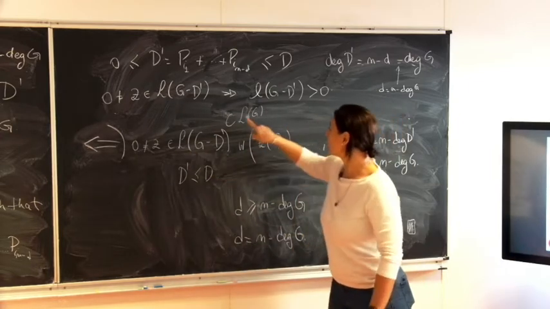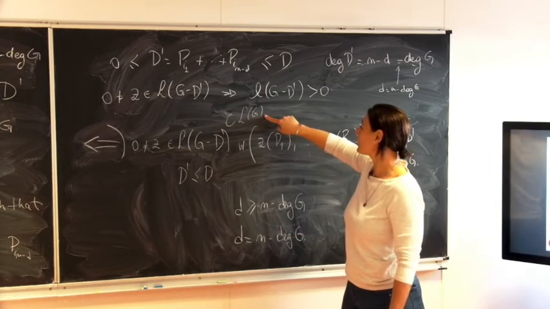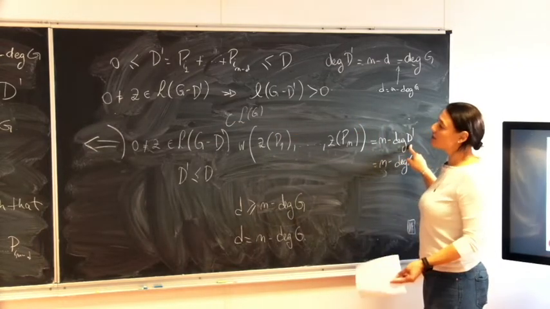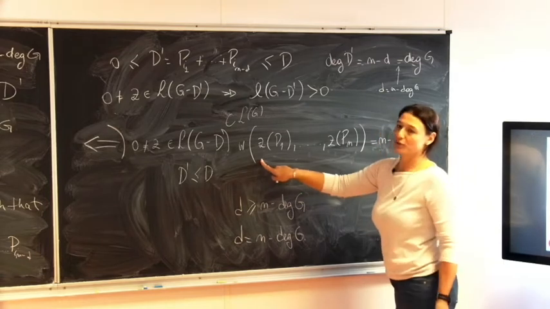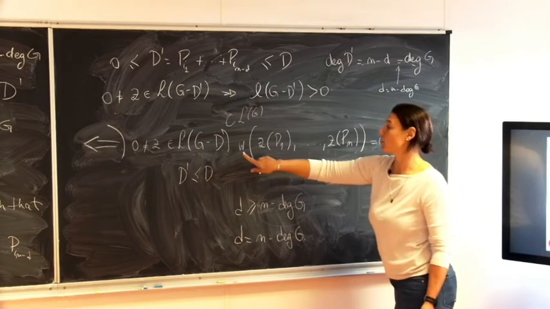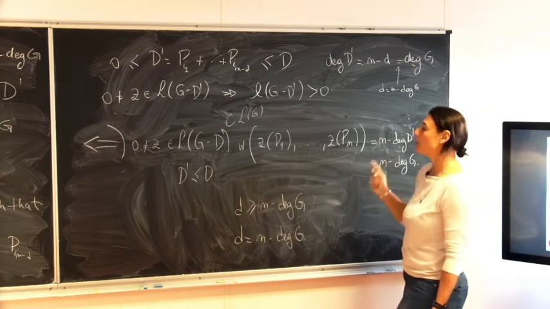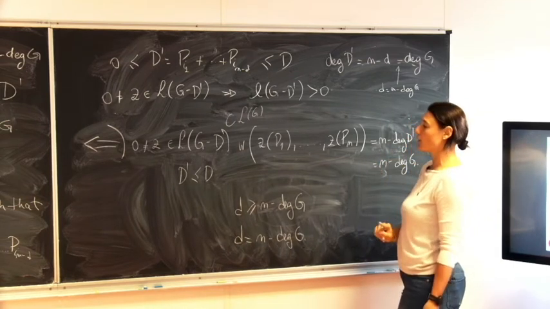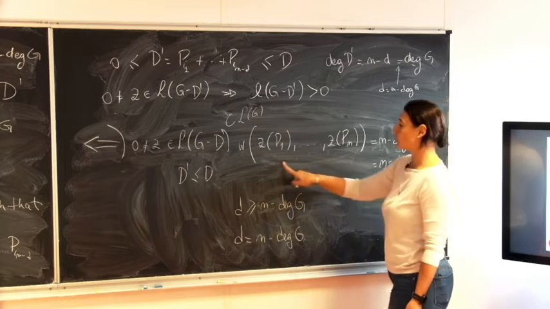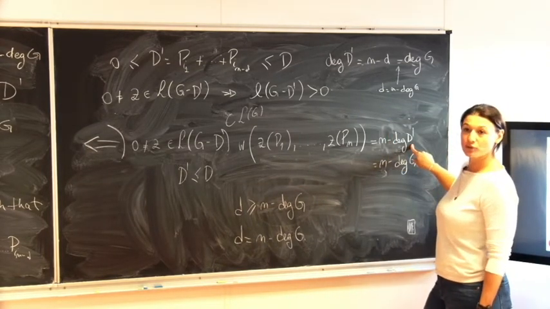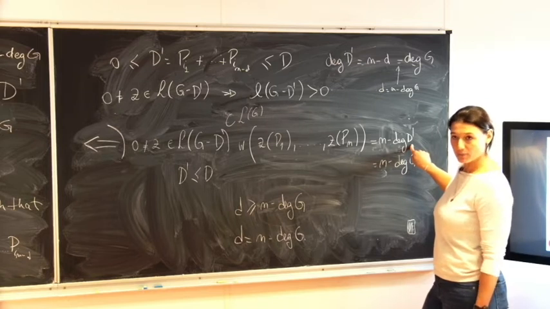So z belongs to L of g, and also z has degree of d prime zeros in the support of d. And so the weight of this word, which is the amount of non-zero coordinates, is the amount of coordinates, which is n, minus the amount of zeros, which are degree of d.